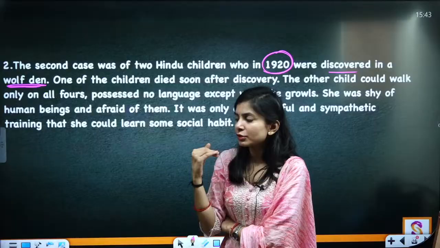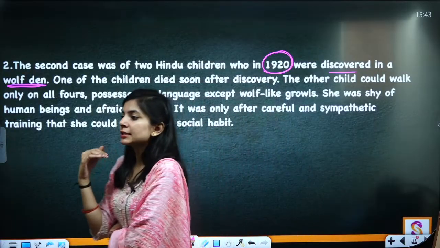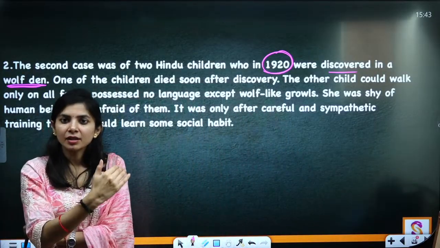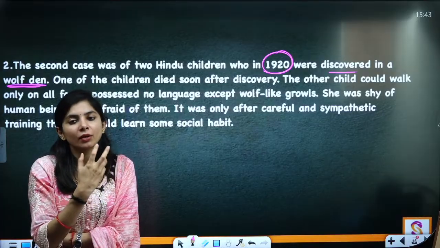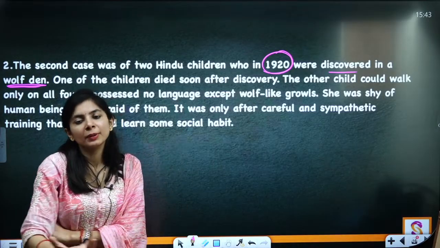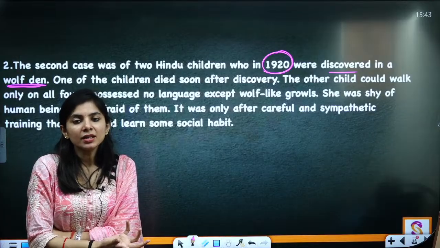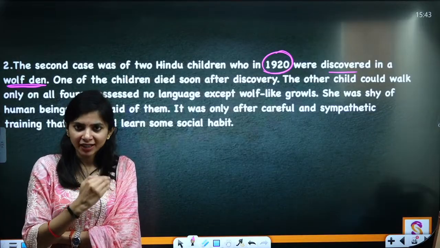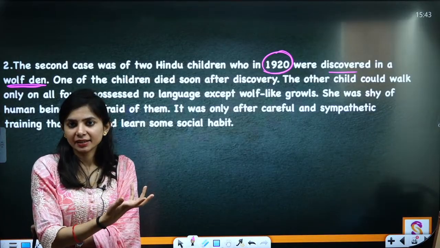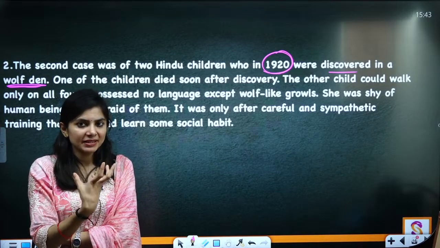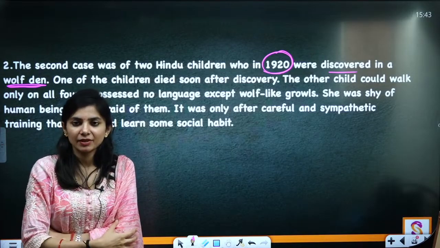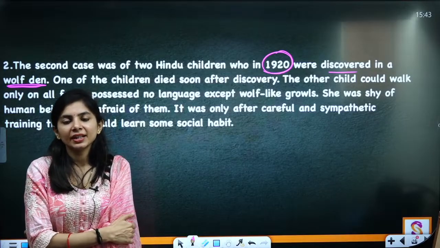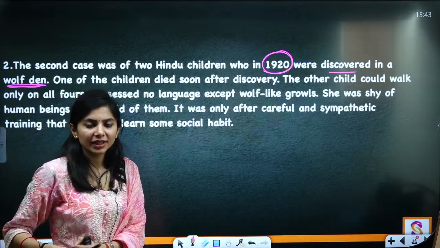But still she was not similar to others of her age, and she was not able to do everything as a normal human being can do. Why? Because in the early stage of her life she was neglected, and therefore the brain capacity was not developed to the same level. So this is what we can understand from this part. I hope you can understand.